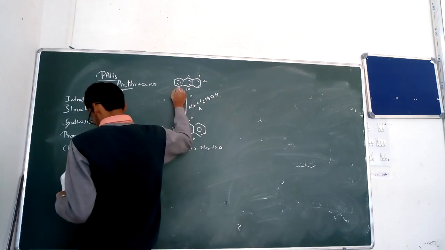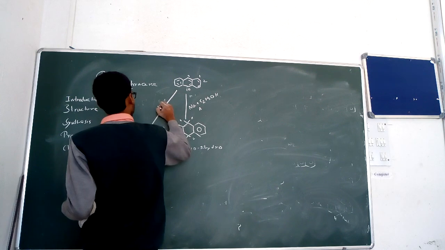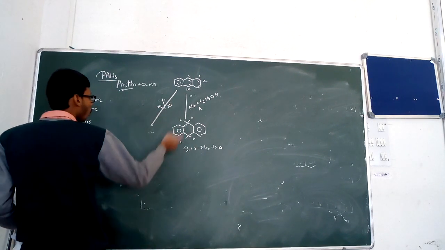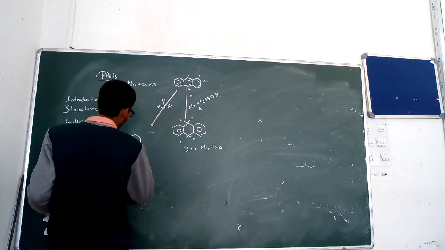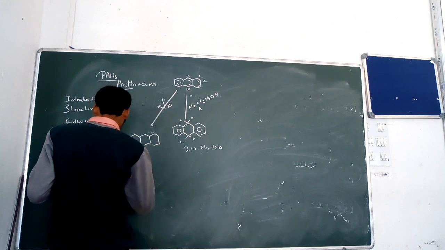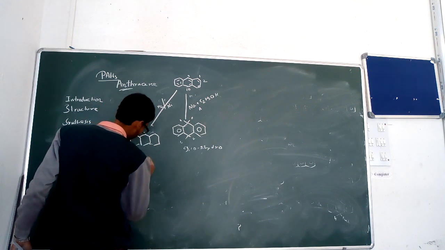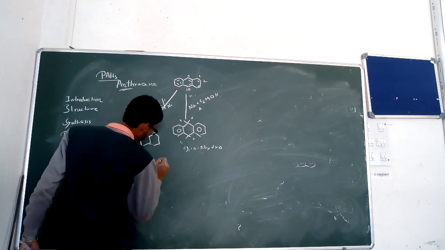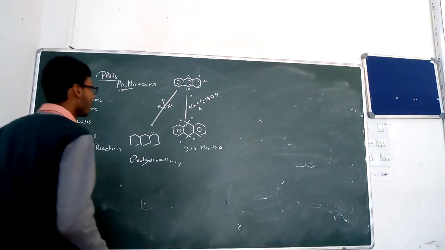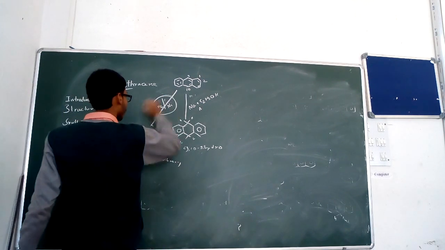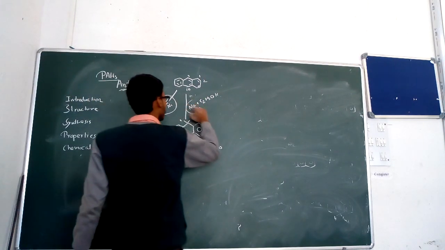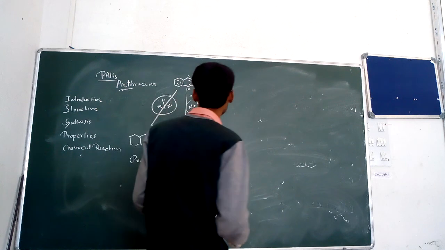When the reduction is carried out with the catalyst nickel or platinum, the whole ring of anthracene is saturated and it forms perhydroanthracene. In both cases a reducing agent is used, with the catalyst nickel or platinum in one, and sodium ethanol as the reducing agent in the other.